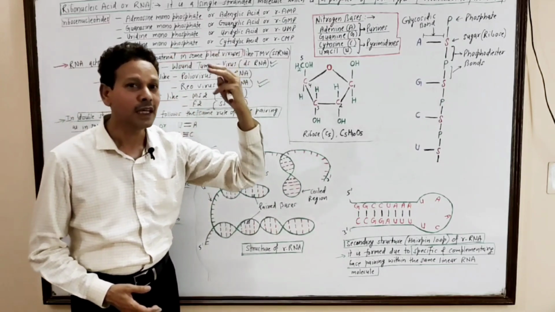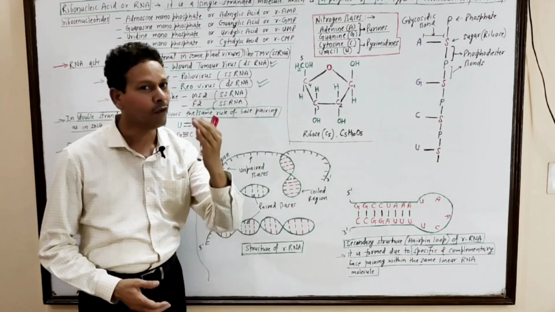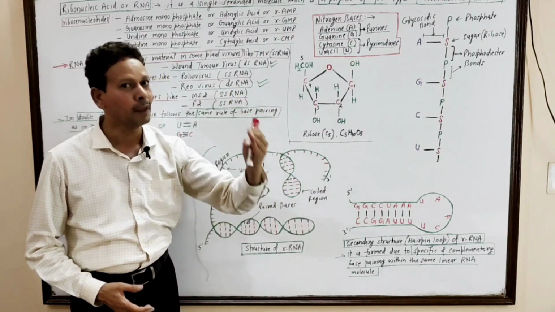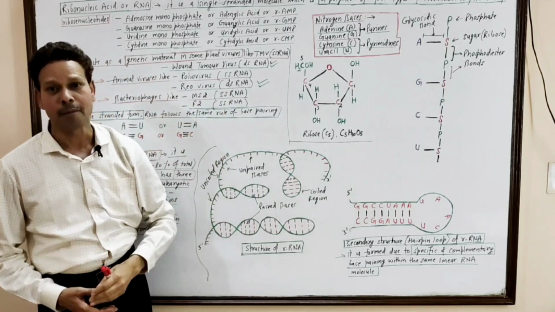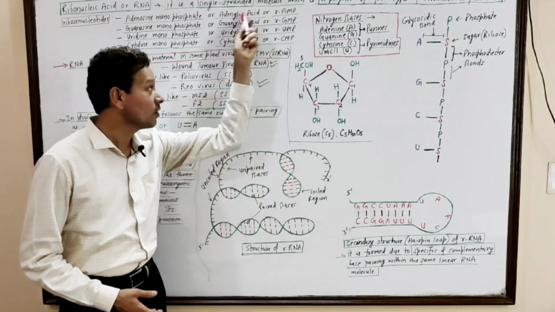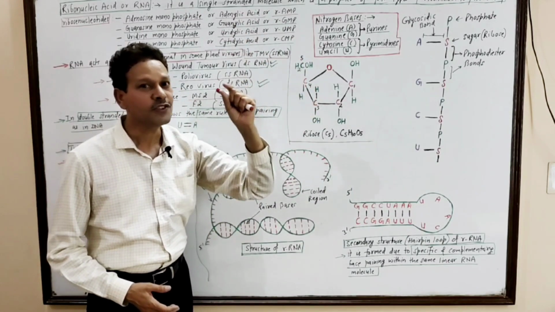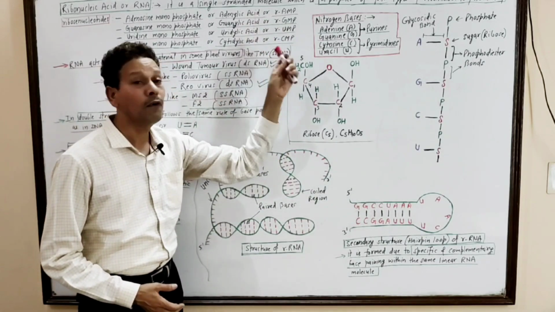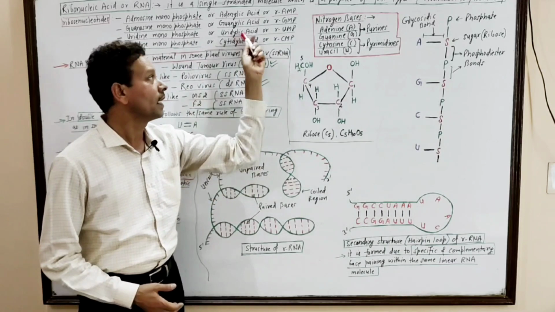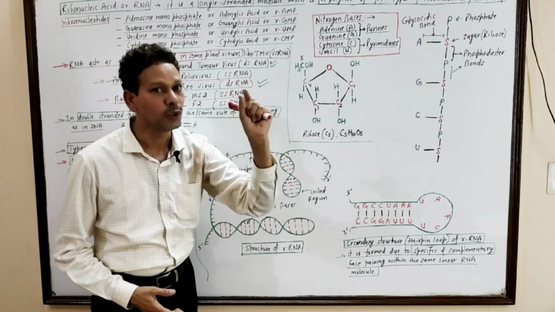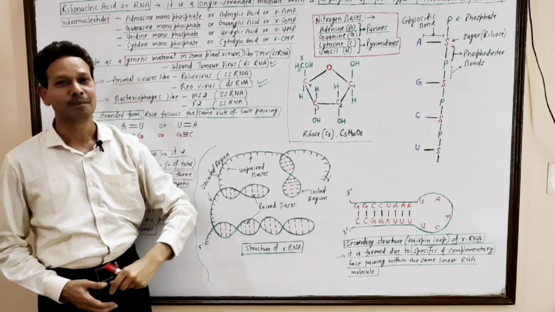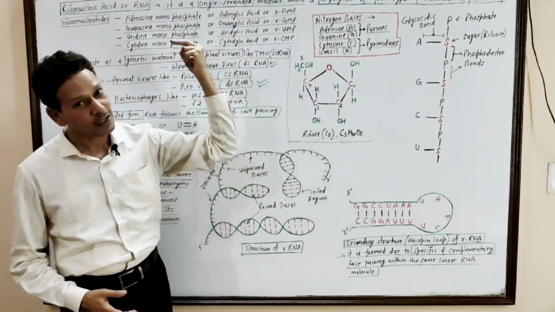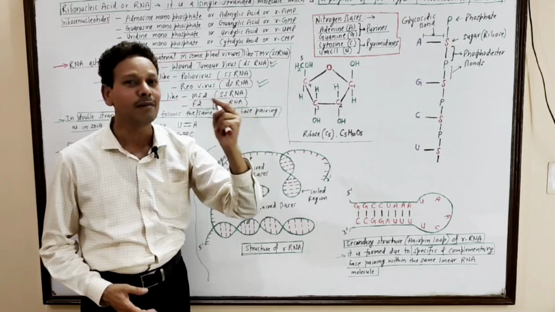Note down, in DNA, the 4 different nucleotides are AMP, GMP, CMP, and TMP. But in RNA, instead of TMP, thymidine monophosphate, the 4th nucleotide is UMP, uridine monophosphate.